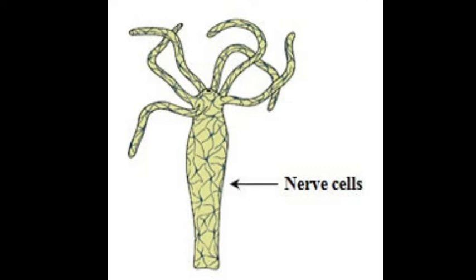Means the main difference between nastic and tropic movement is that tropic movement is a directional movement of a plant part, but nastic movement is not a directional movement of a plant part with respect to the stimulus. Here in nastic movement we describe two types.